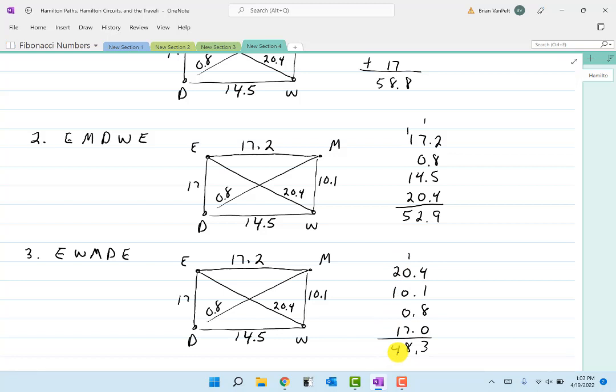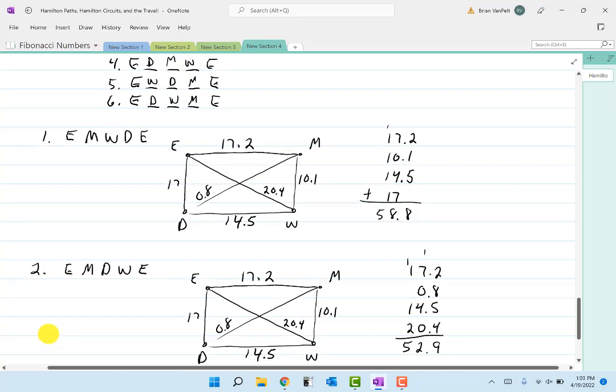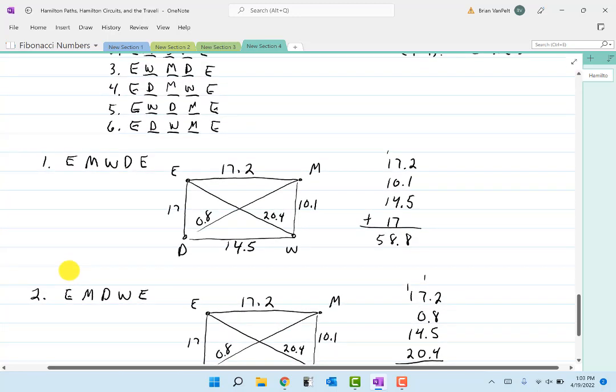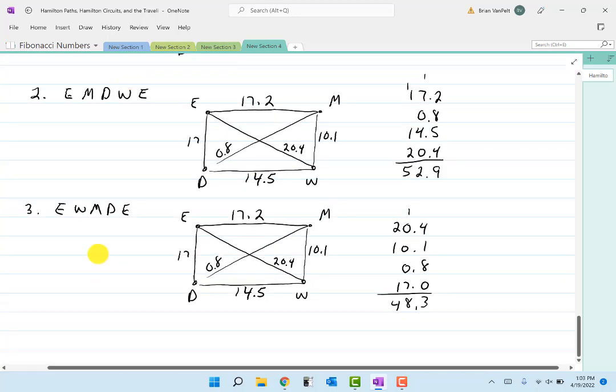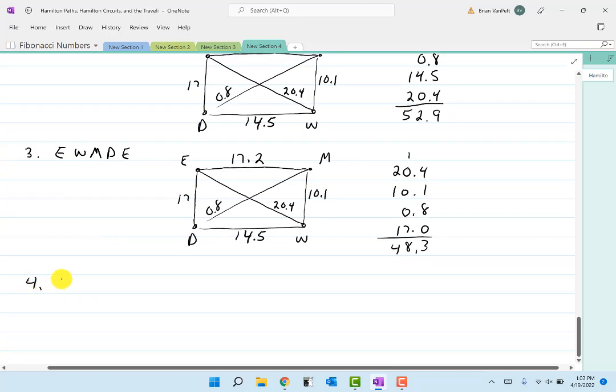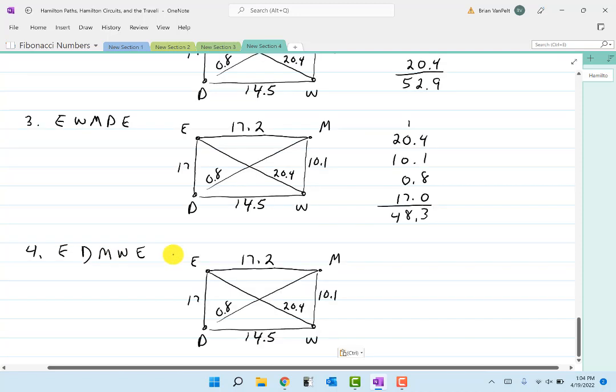Now, this is interesting. Notice that I have 3 different numbers. What that means is if I try to do the next 3, I'm going to get the exact 3 numbers again. Let me show you what I mean. Let's take a look at number 4. We have E, DMWE. ED, which is going to be 17 to begin with. DM, which is 0.8.